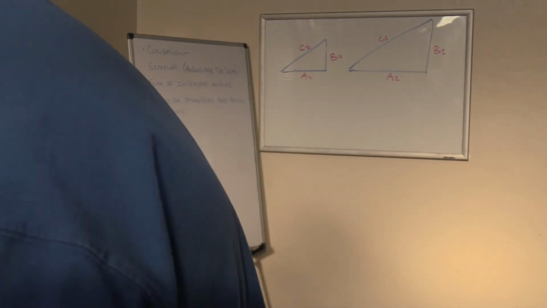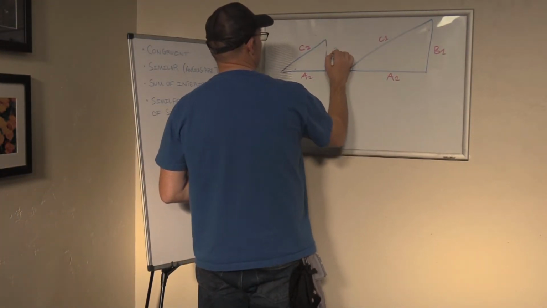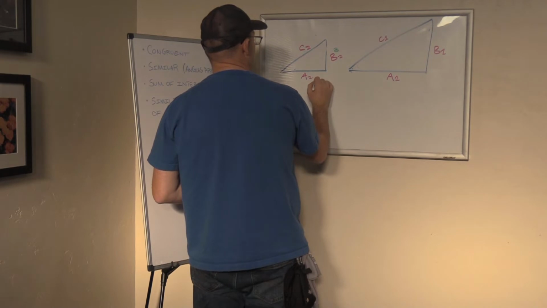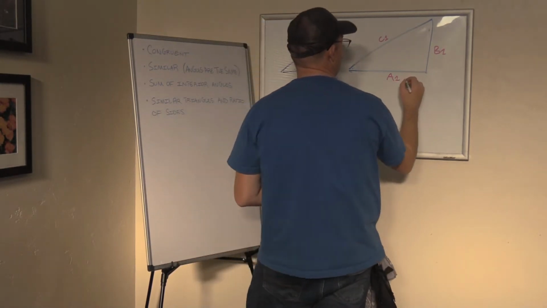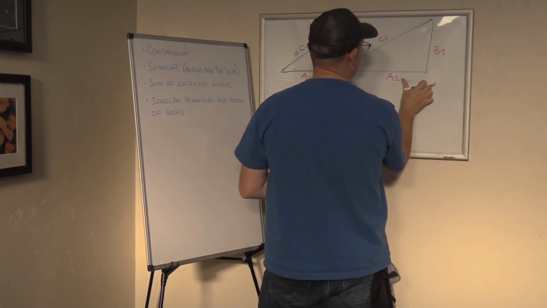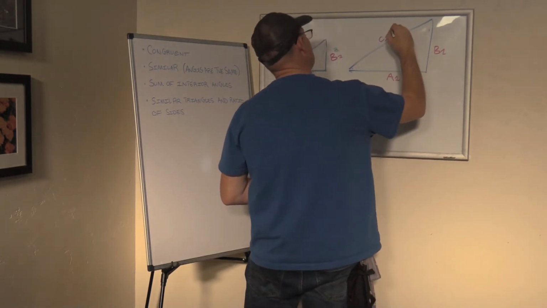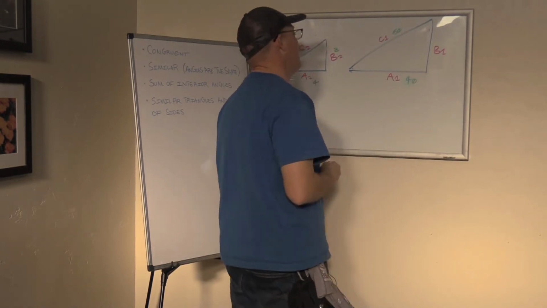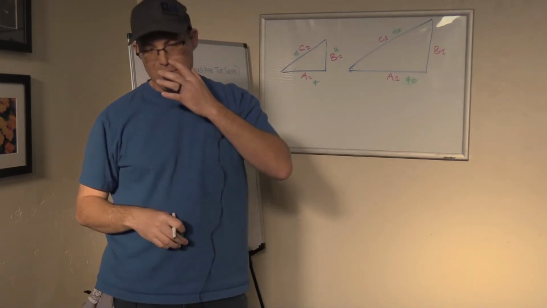Let's try green. Let's say this side is 3, this side is 4, 3 units, 4 units, and 5 units. It's called a 3, 4, 5 triangle. And this triangle over here, this is 30, sorry, this is 40, and this is 50. Now, you notice I didn't give you this side B1, and I'm going to tell you why in a minute.